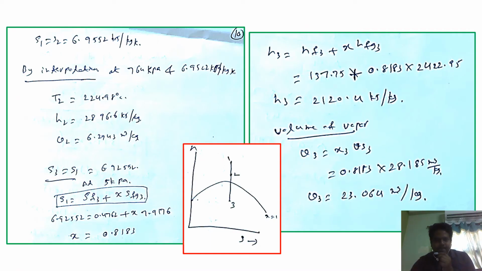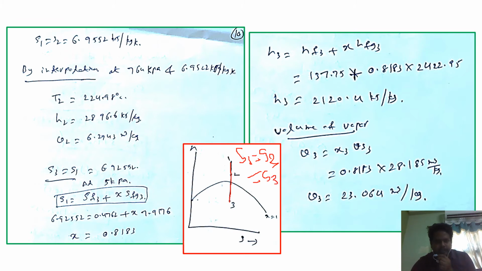Now, in the previous slide we have calculated enthalpy and entropy at point 1. Now let us find enthalpy and entropy at point 2. Here the process 1, 2, 3 is the isentropic process. Since it is a constant entropy, we can write S1 equals S2 equals S3.